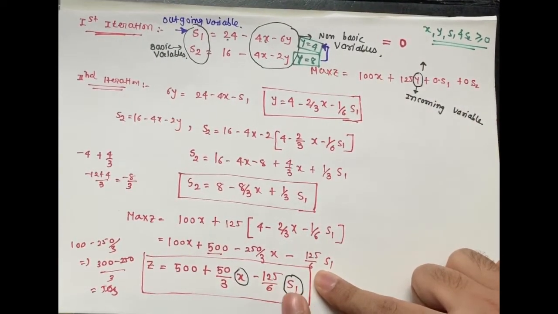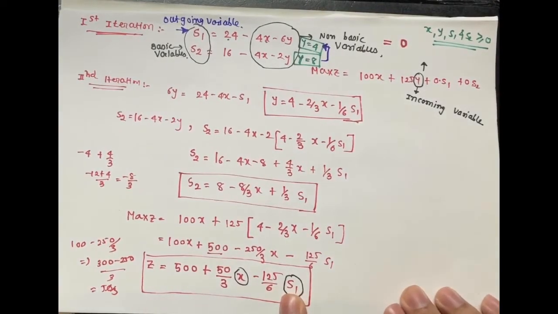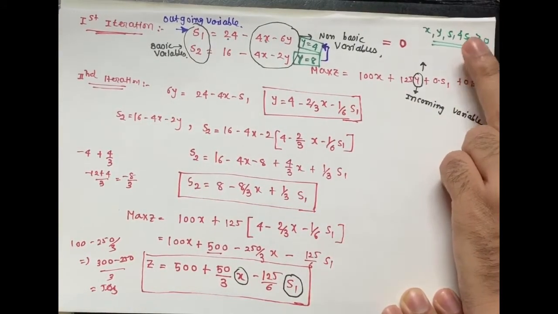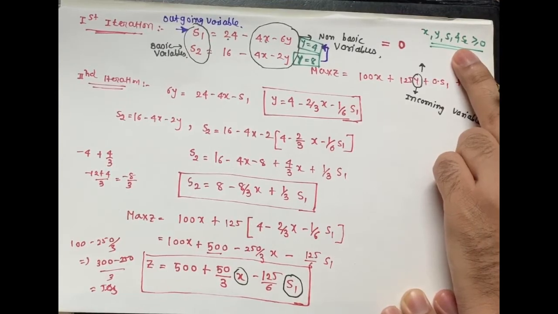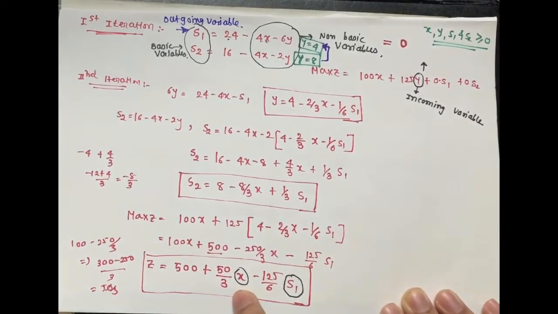Meaning s1 currently has a value of 0. So I cannot decrease the value of s1 beyond 0 because it would violate the non-negativity condition. Right now the value of x is also 0.